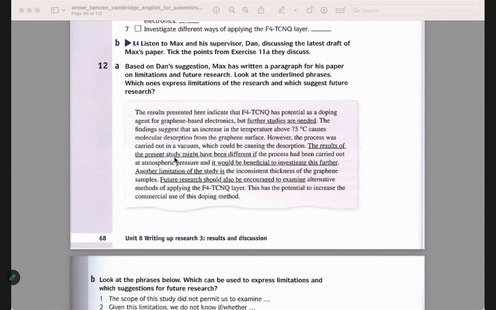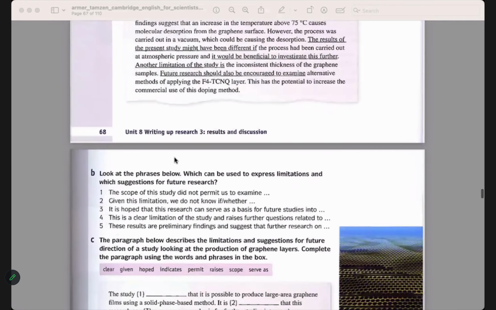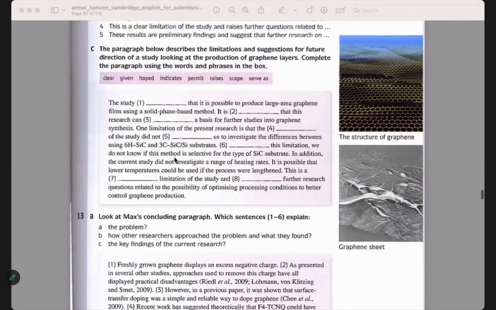Right. Next one, it would be beneficial to investigate this further. For future research. Another limitation of the study, it's clear. First, the word is used, and future research also should be encouraged. Also clear, yeah? Understand. It's too easy to understand. Okay.